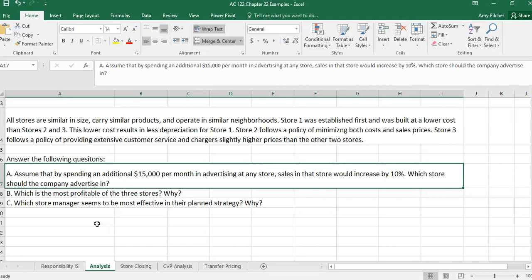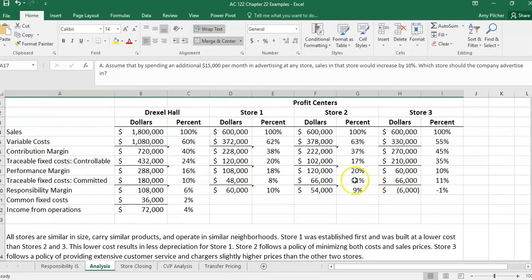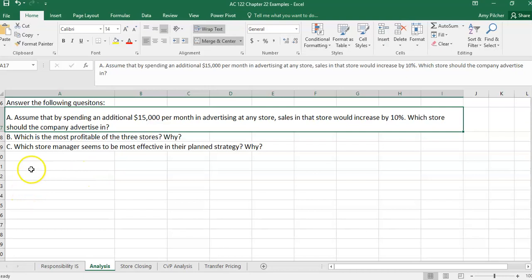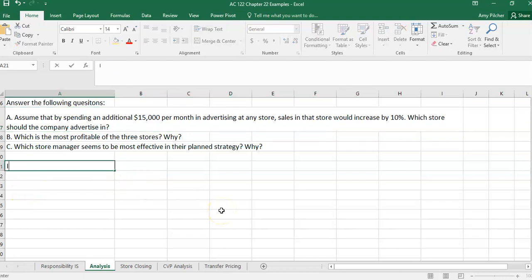So when we're looking at an increase in sales, we don't want to have to do all of the math, sales minus variable costs and all of that. So we can just look at our contribution margin. So all of our stores have $600,000 in sales. So an increase of 10% would be an increase of $60,000 in sales. So we can look at the increase in contribution margin for each store.